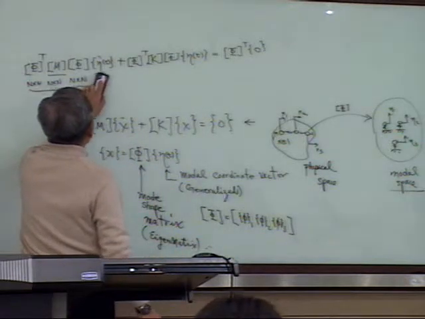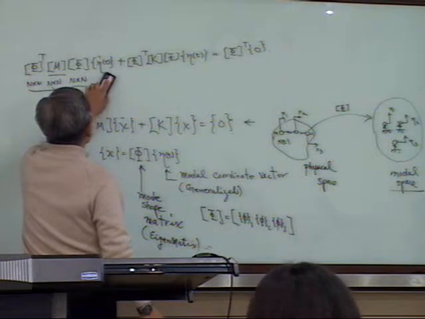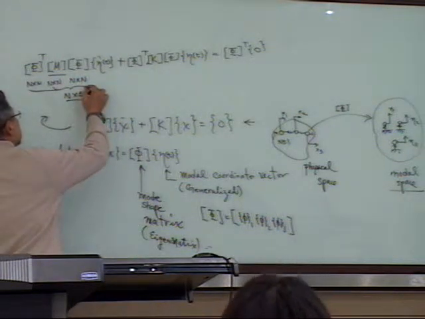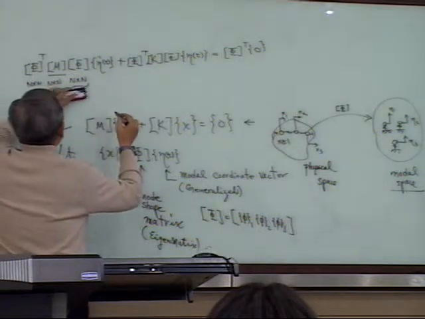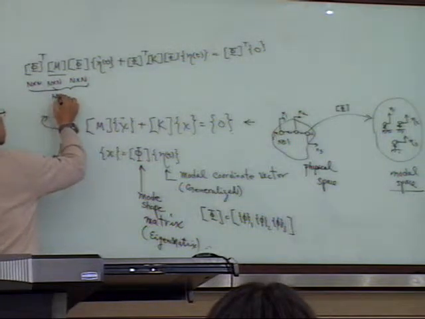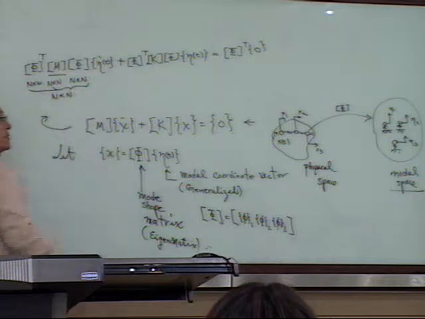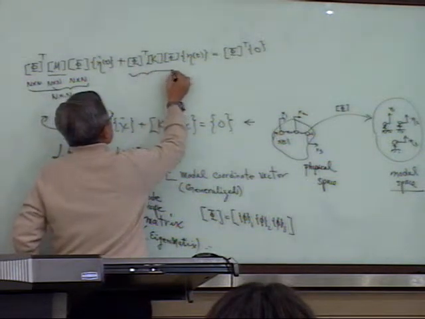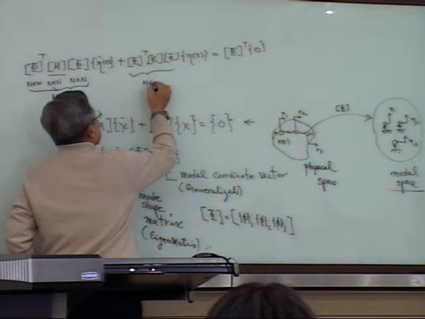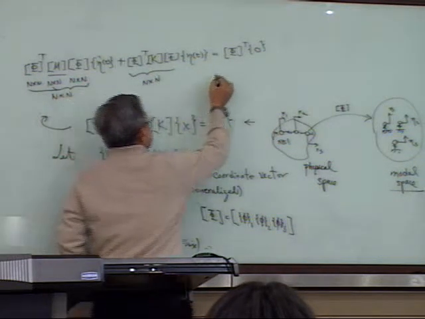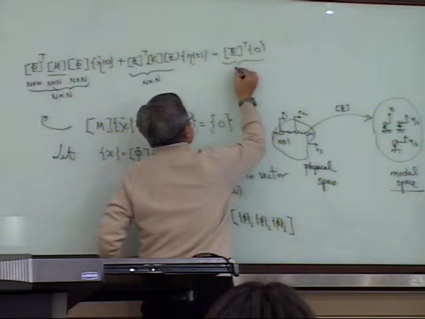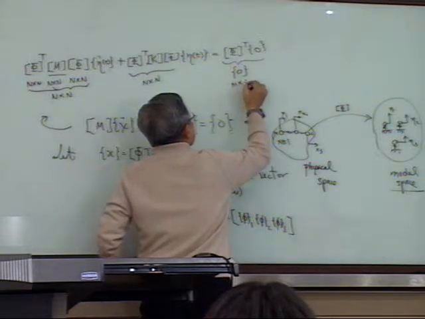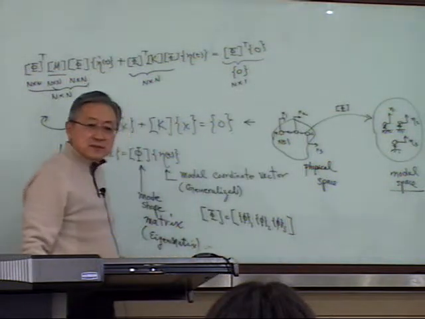In the eta, I'm going to leave this out to show the equation in the modal space. If you do that, this is going to be n by n, and this is going to be n by n. This is going to be 0, n by 1. Make sense?